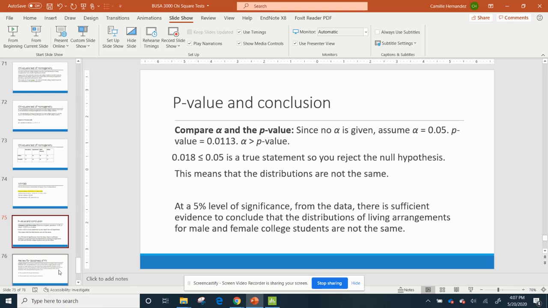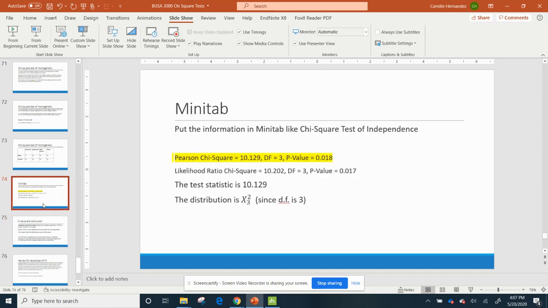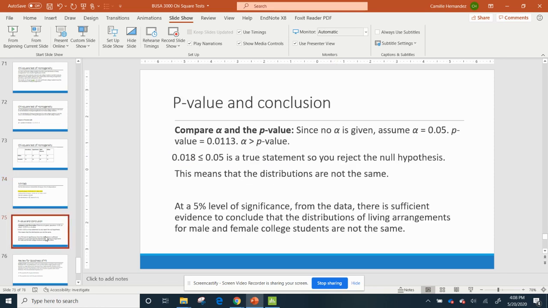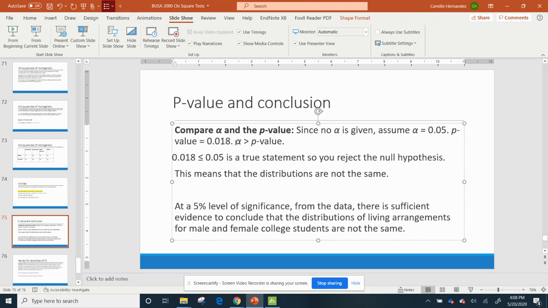Okay, the p-value and my conclusion. Since I wasn't given a level of significance, I'm going to assume it's 0.05. Oh no, I've got to update this slide. My p-value is 0.018. Because 0.018 is less than 0.05, and if that confuses you, just add another 0, so now I can see 18 is less than 50.